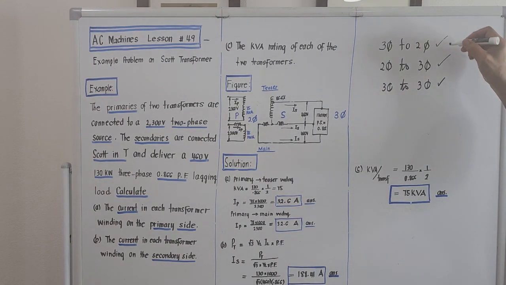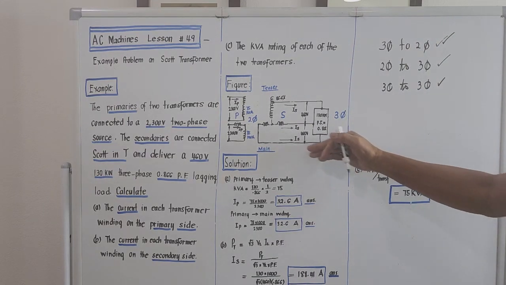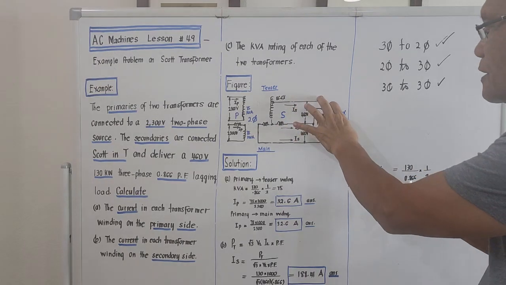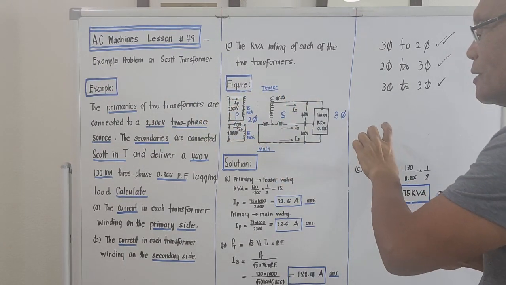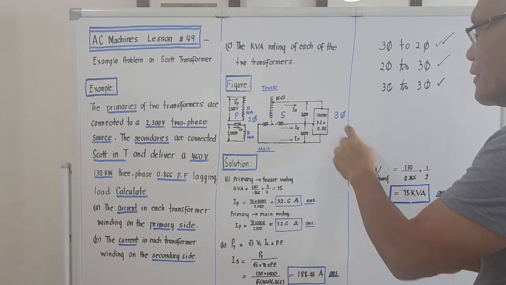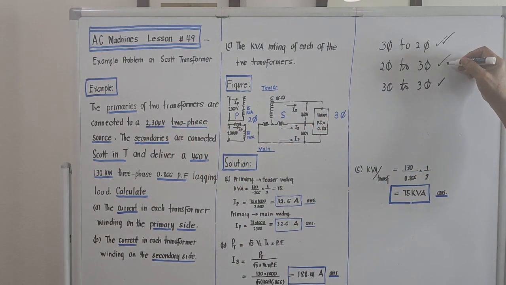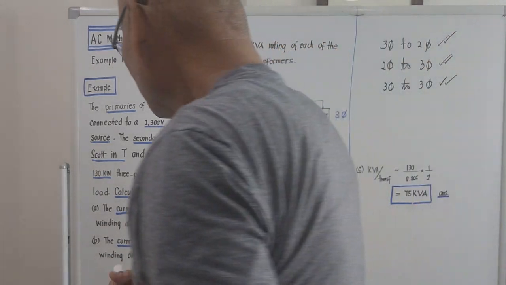We are done with three-phase to two-phase, which is this one. This part here is on the primary, and this part here is on the secondary. For two-phase to three-phase, it will be the reverse. We will be discussing this one this morning, and maybe the next time around we will discuss the other one. Okay, I will try to continue.